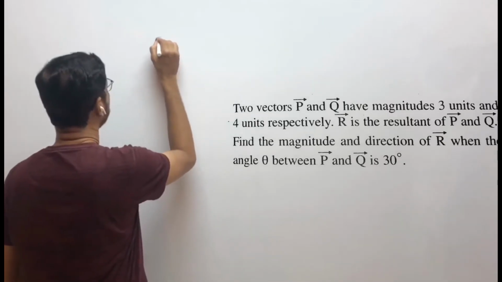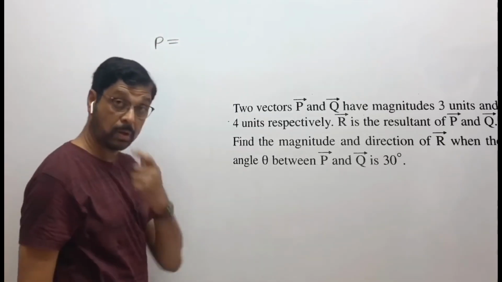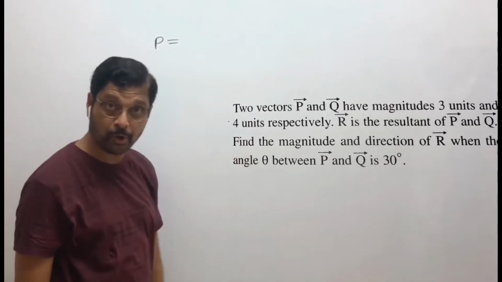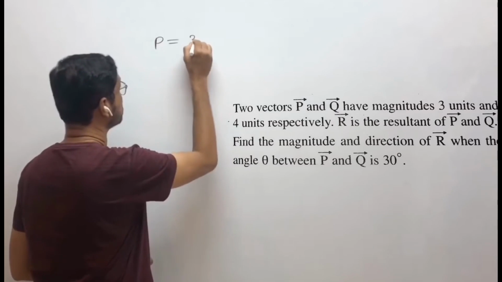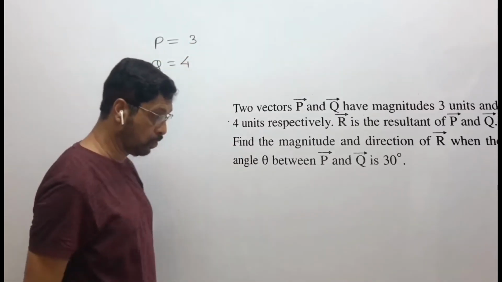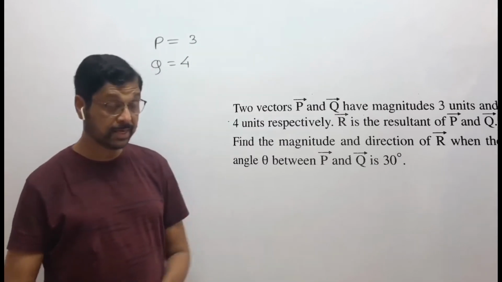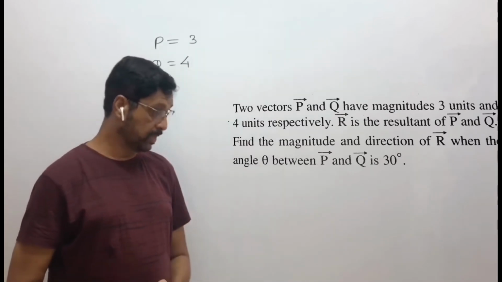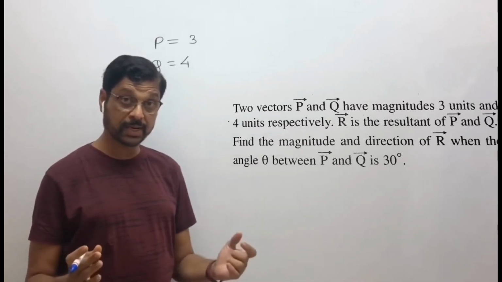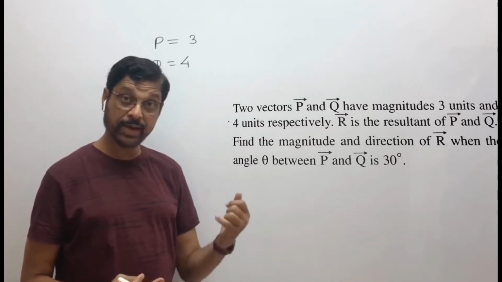So magnitude of P, ऊपर arrow नहीं है, means it is magnitude of P, it is 3 units, and magnitude of Q is 4 units. And it says R is the resultant of P and Q. P और Q का resultant मतलब addition है vector R.